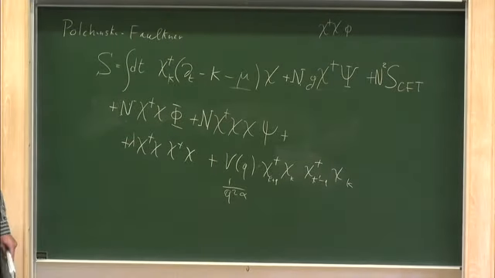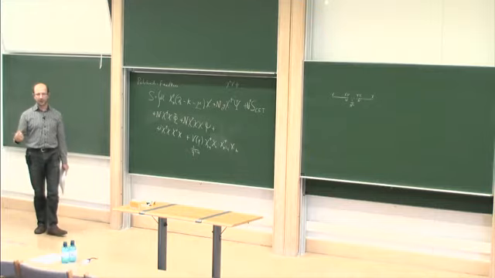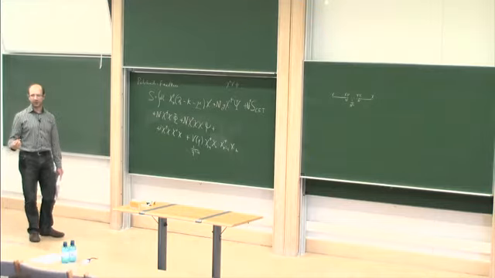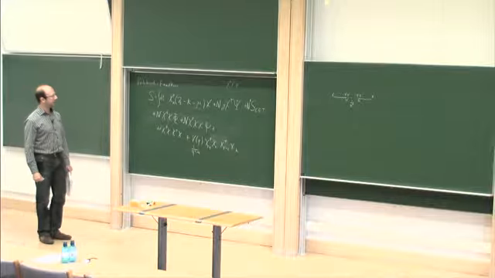So basically the idea is that there is one fermion, if you want, and it interacts with n fermions of the conformal field theory, and there can be other scalars.